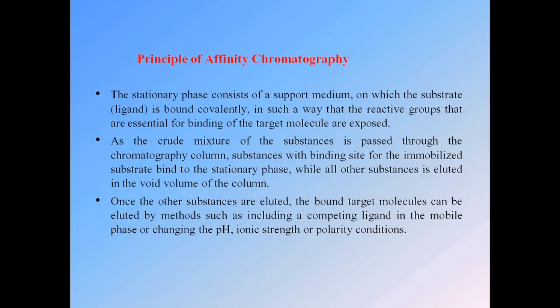As the crude mixture of the substances is passed through the chromatography column, substances with binding sites for the immobilized substrate bind to the stationary phase, while all other substances are eluted in the void volume of the column.